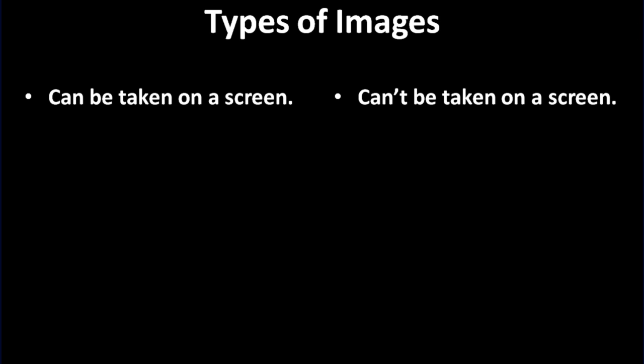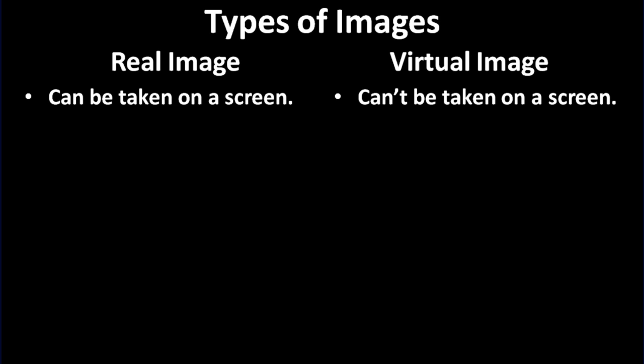So what are the types of images? There is an image that can be taken on a screen, and there is an image that can't be taken on a screen. Image that can be taken on a screen is called a real image, and the image that can't be taken on a screen is called a virtual image.